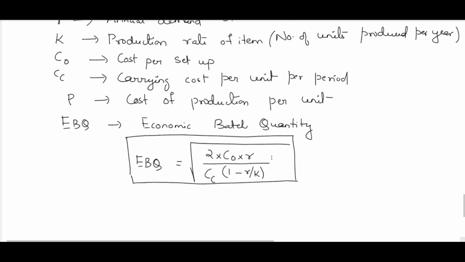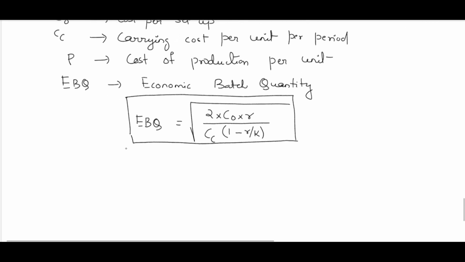Now another term you have to determine is the time period T1. T1 star can only be determined after you get the EBQ, which you can write as Q star, the star for your economic batch quantity. So T1 star is equal to Q star by K, where K is the production rate of the item. Make it in a box.